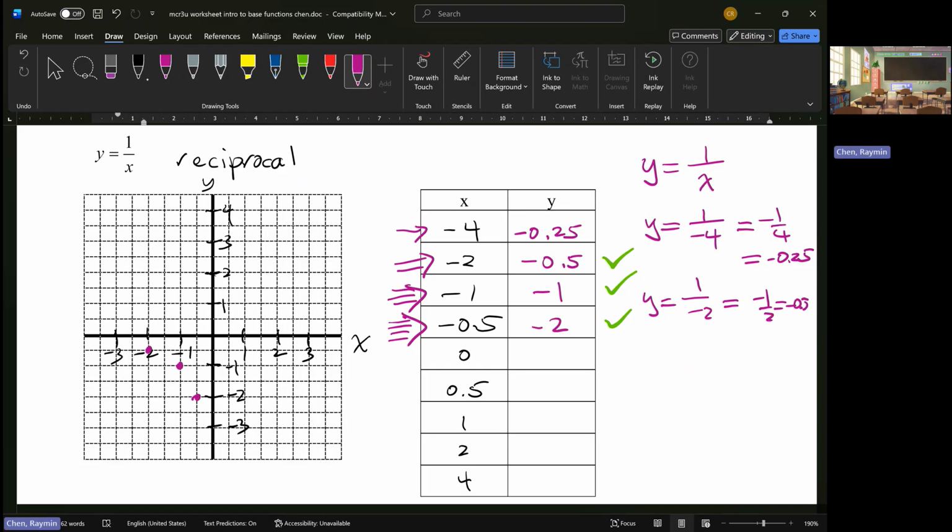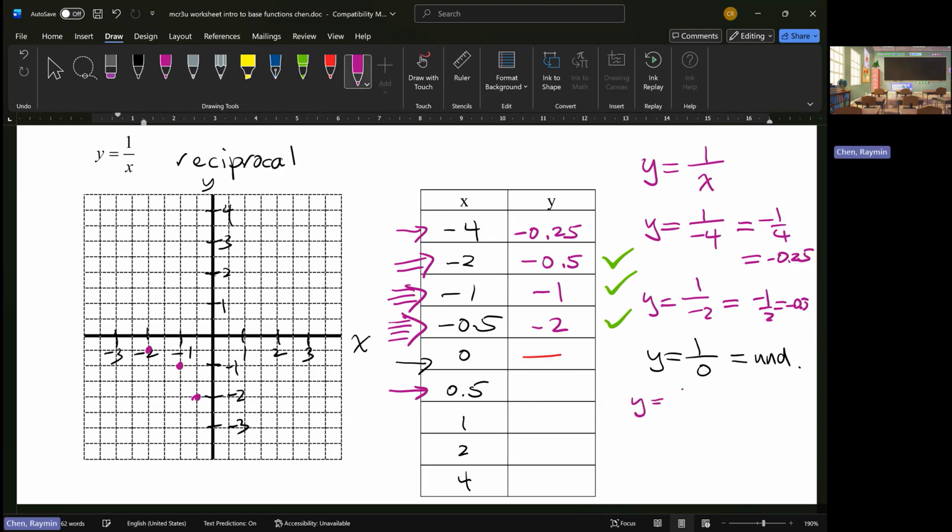Now what happens if we get y equals 1 over 0? Well, you already learned from grade 9 that when we divide by 0, this is called undefined. So we don't have an answer for that. So something seems weird. But let's keep on going. We're at 0.5 now.